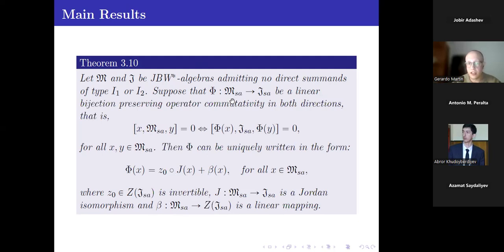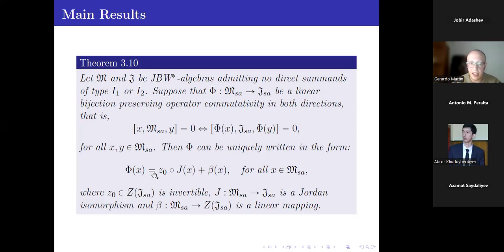The result says the following: when we are considering GBW-star algebras without direct summands of type 1 or type 2, and now we consider the same linear bijection, but between the self-adjoint parts of the algebras, such that this map preserves operator commutativity in both directions with respect to the self-adjoint parts of the algebras, then we can say that phi can be uniquely written in the following form.